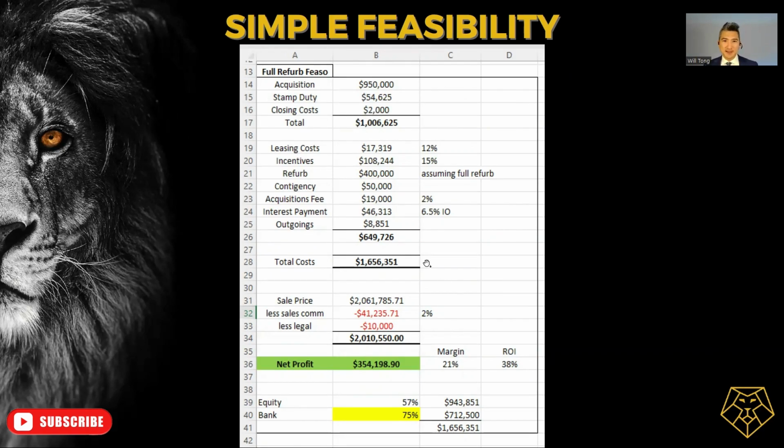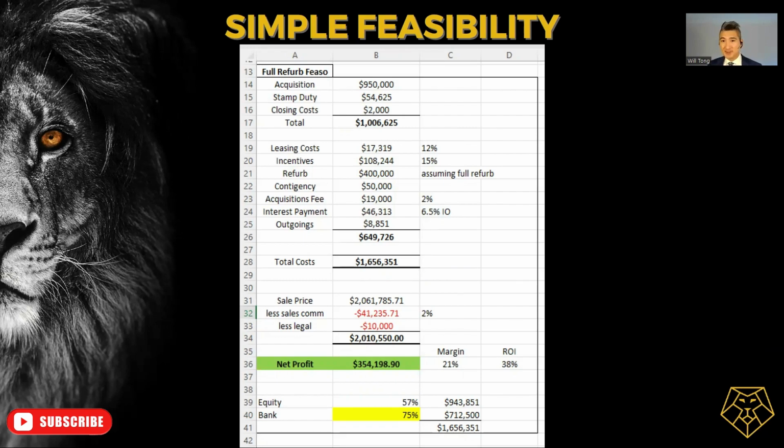Then the next part is how much the project is going to cost you to execute. If I'm looking at a vacant property and I need to spend money refurbishing it, I need to take into consideration a number of things. One is the vacancy period, as I'll probably still be paying interest and outgoings on it. How much it's going to cost to lease the property out, as in paying agent leasing fees.